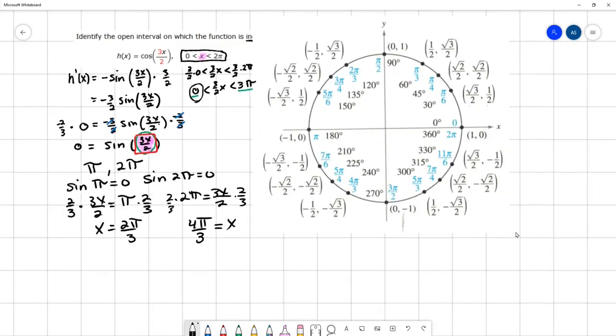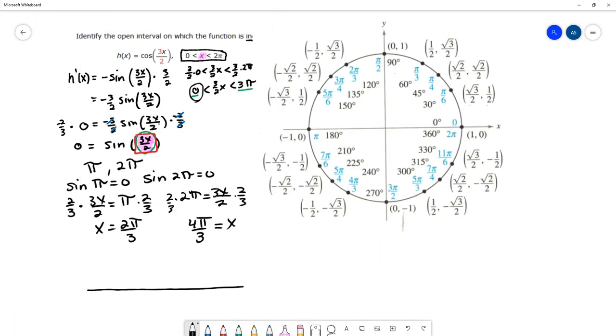So we're going to draw a number line, and we're going to include our restrictions from 0 to 2 pi. We're going to include our critical numbers. So we're only considering from 0 to 2 pi, and then we've got 2 pi over 3 and 4 pi over 3.